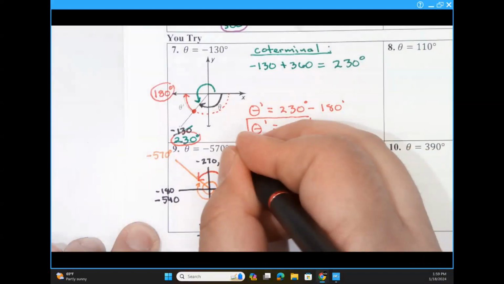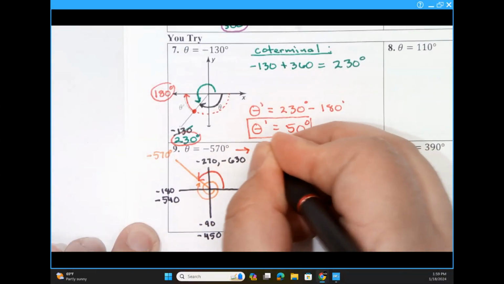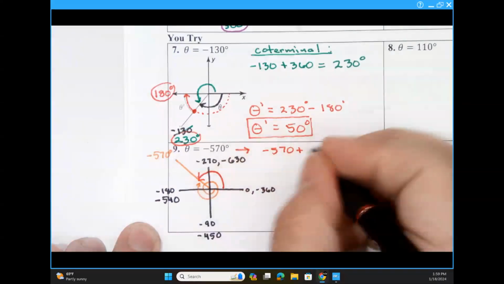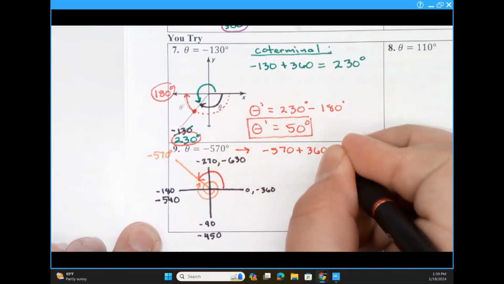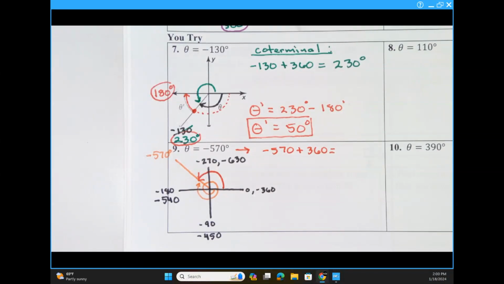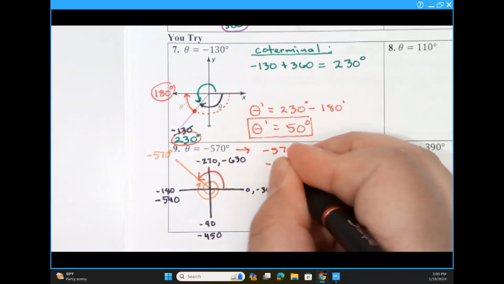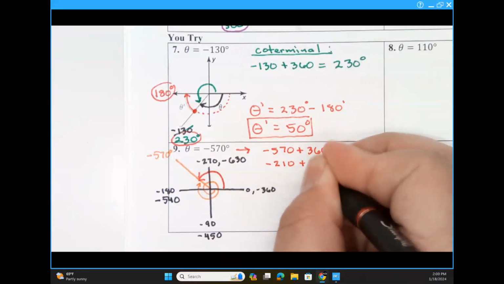So then look, all I have to do for coterminal is take the negative 570. I know I want to go positive, so I'm going to add 360. So negative 570 plus the 360 is still negative 210. Okay, I don't like that. I'm going to take that negative 210 and I'm going to add 360 again.